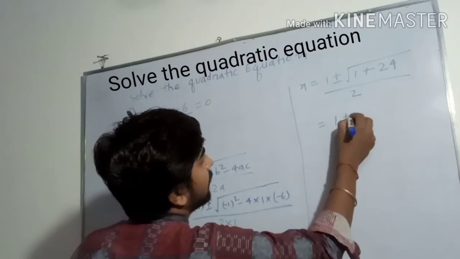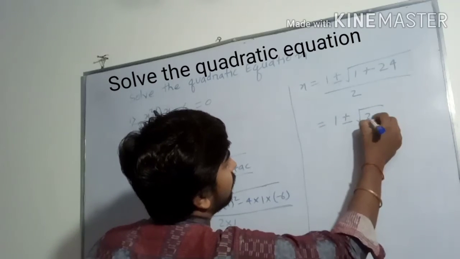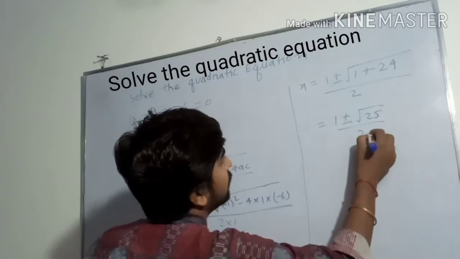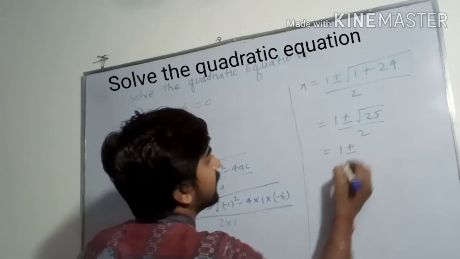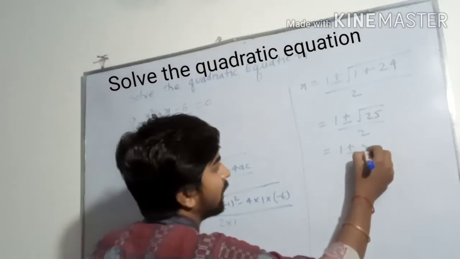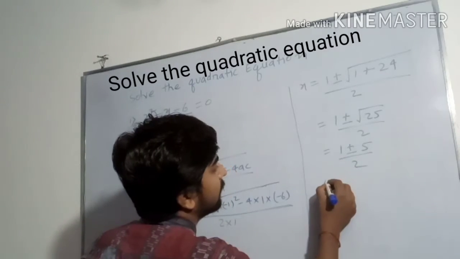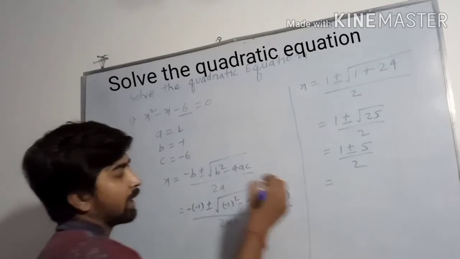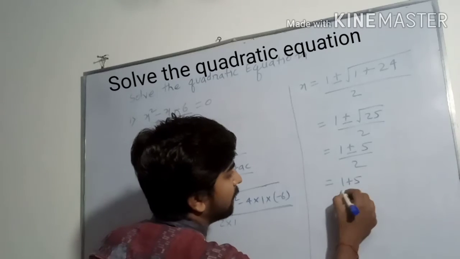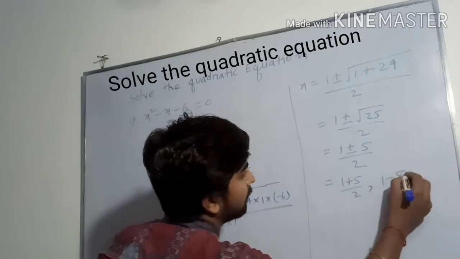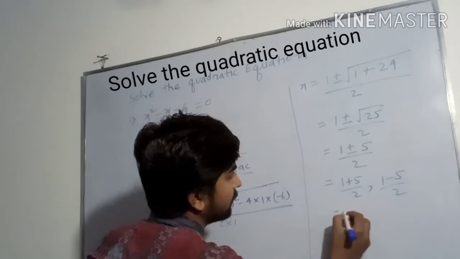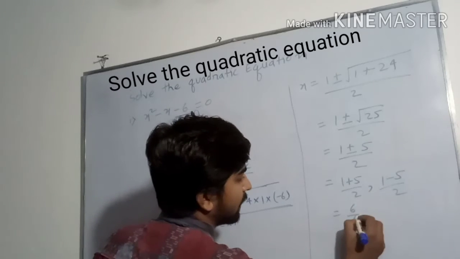This is (1 ± √25) / 2 = (1 ± 5) / 2. And there are two values of x. One is (1 + 5) / 2 and the other is (1 - 5) / 2. 5 plus 1 is 6, and 6 by 2 is 3.